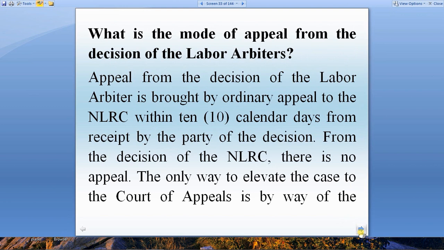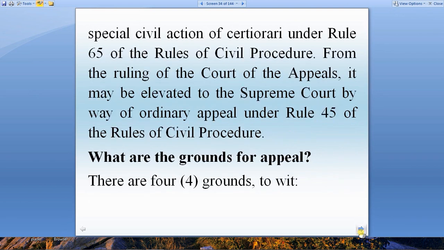What is the mode of appeal from the decision of the Labor Arbiters? The appeal is brought by ordinary appeal to the NLRC within 10 calendar days from the decision of the Labor Arbiter. From the decision of the NLRC, there is no appeal. The only way to elevate the case is to the Court of Appeals by virtue of civil action or the Rule 65 review certiorari.